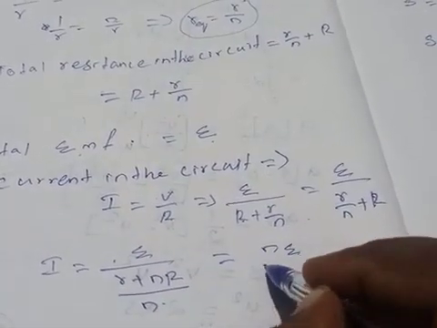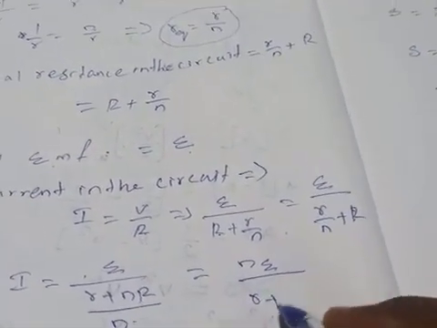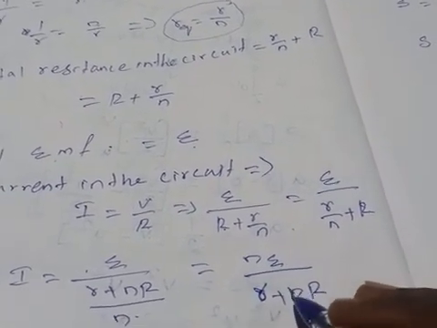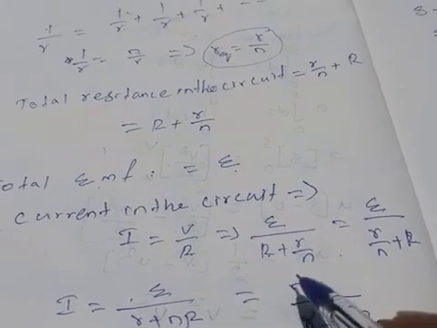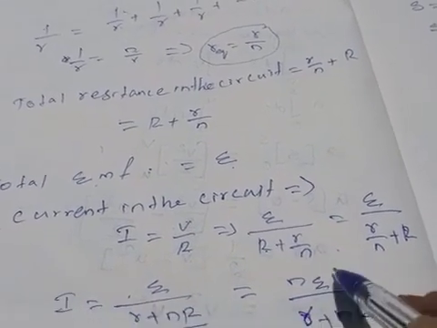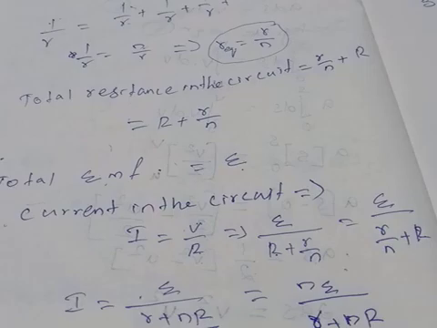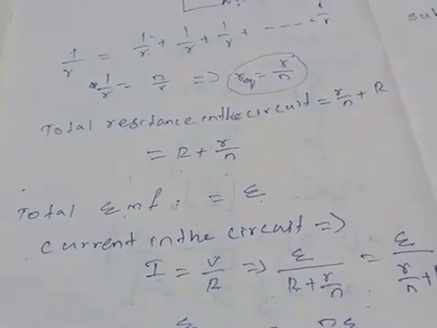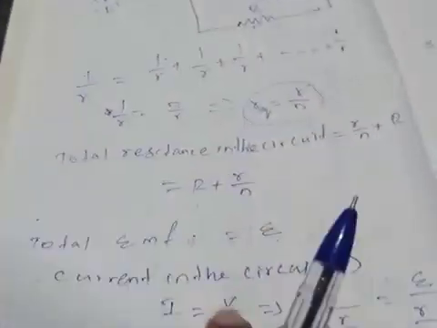So I is equal to N epsilon divided by R plus NR. This is the total current in the circuit.